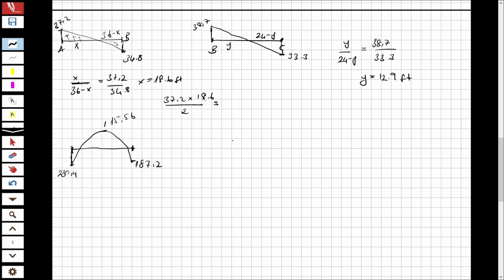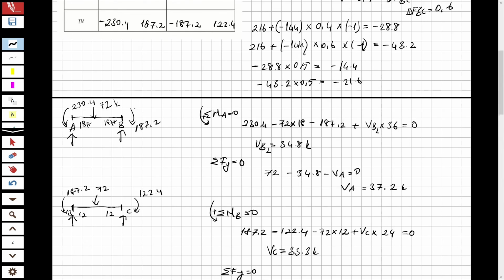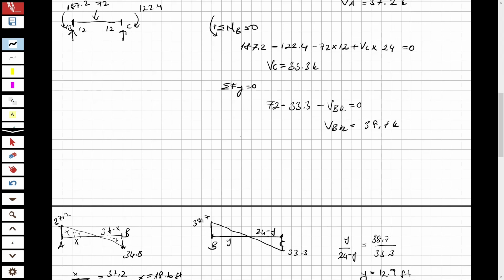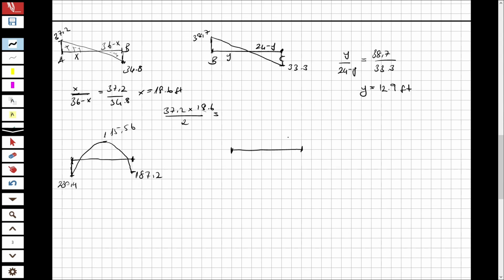For the second part, I have a moment. Look at here, I have a moment minus 187.2. So I'm going to start from the bottom of the line at 187.2, and then I'm going to increase by this amount of area.